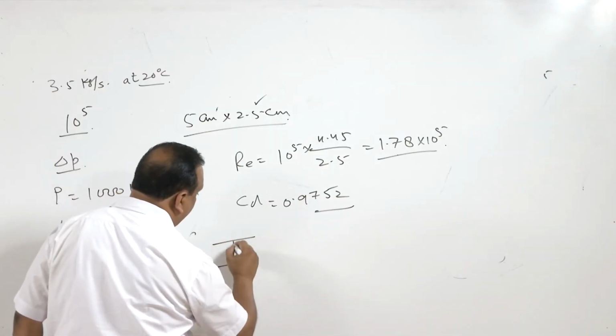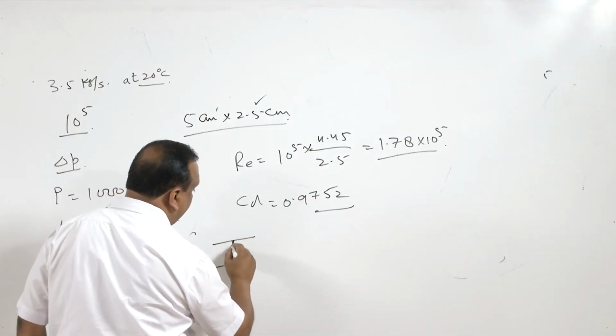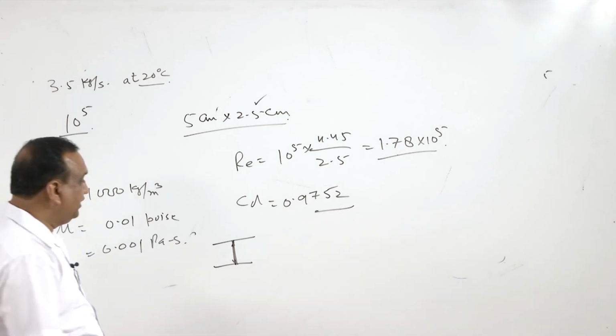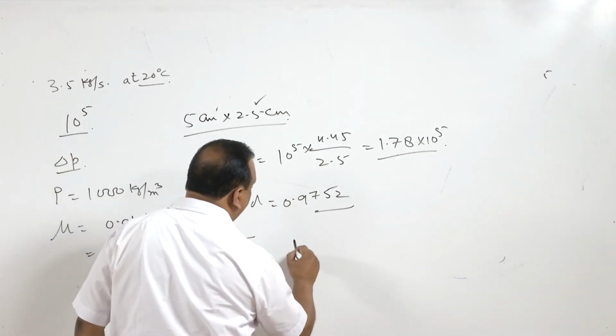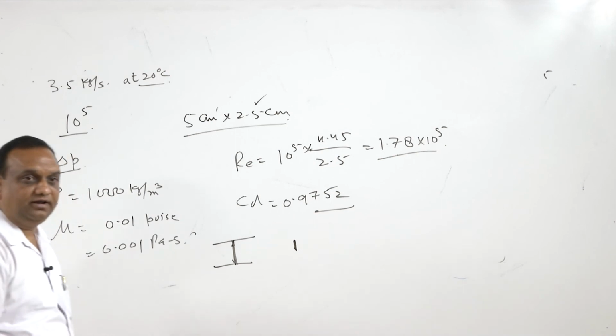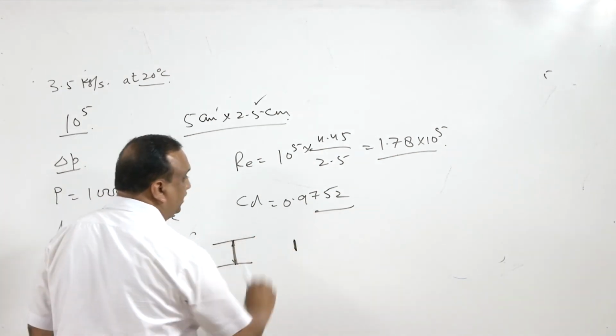A1, the area for the pipe diameter, is 5 centimeter. A2, the throat diameter, is 2.5 centimeter. Coefficient of discharge is already with us.